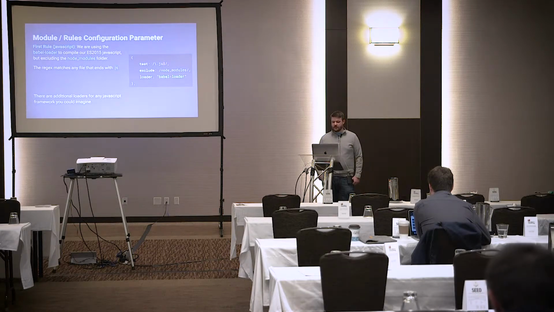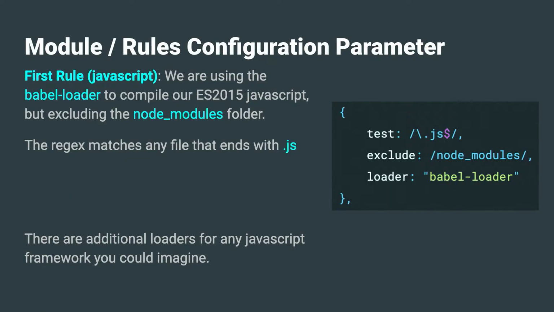Within this first rule, like I said, that test, we're going to match any JavaScript files that we include inside that index.js. We're going to exclude anything that's pulled in from node modules because it should be good when it's in there. That's not necessarily true, but for the most part, we want to trust that the people that we're pulling in, that their code's minified and versioned to ECMAScript and should be working with our other stuff.